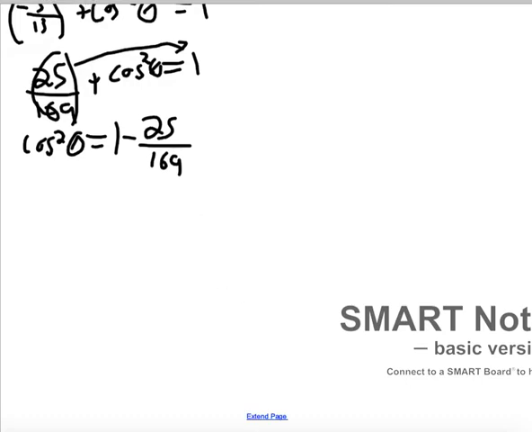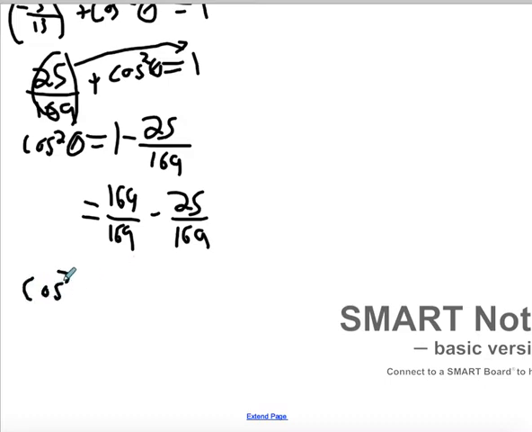And then we need a common denominator. So we need 1 as a fraction over 169. So that equals 169 over 169 minus 25 over 169. So we do that, you get cosine squared of theta equals, is that 144 over 169. Take the square root, so you get cosine of theta equals the square root.